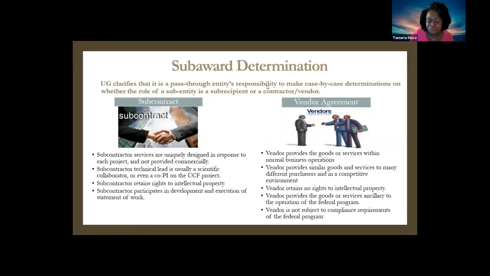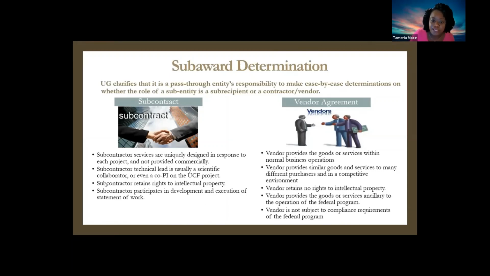Subaward determination. The uniform guidance clarifies that it's the pass-through entity's responsibility to make a case-by-case determination on whether the role of the sub-entity is a subrecipient or a contractor/vendor. So as a third party, we are required to make that determination every time: is this third party going to be a subcontractor, or are they a vendor or a consultant?